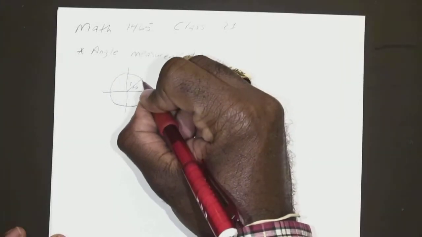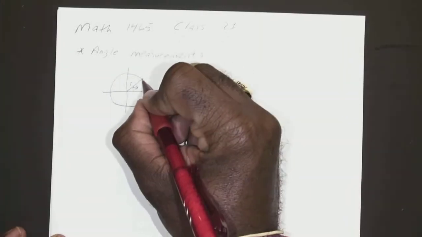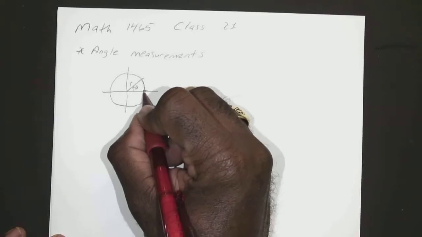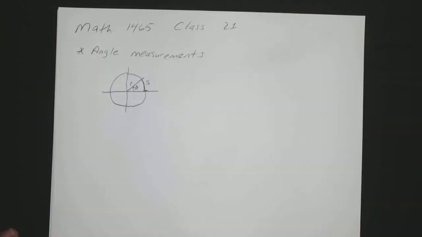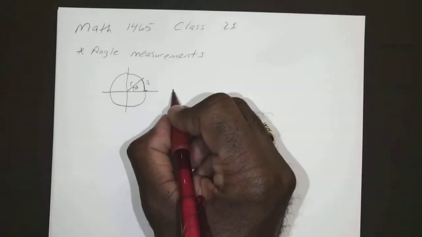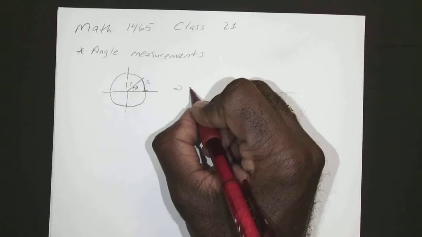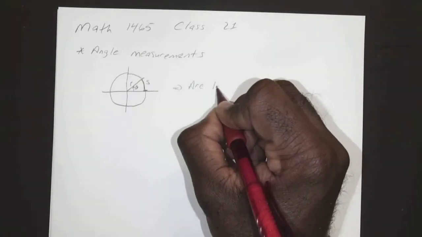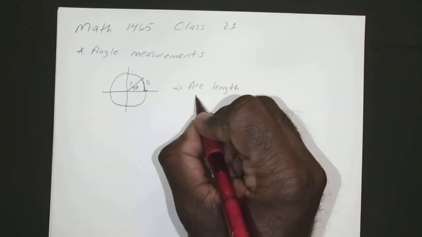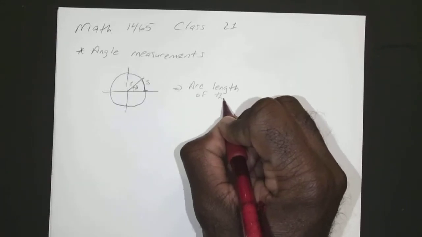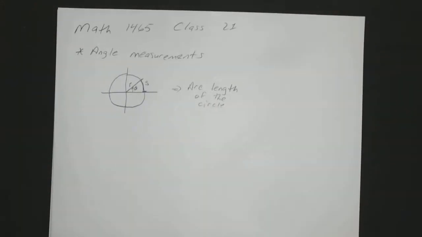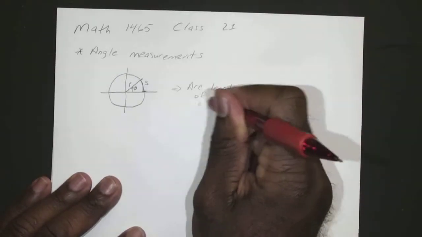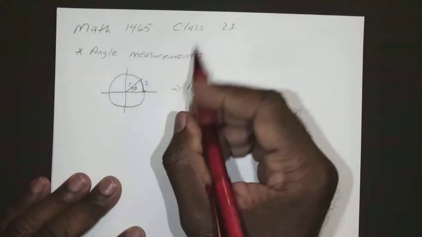If we wanted to find the distance from here to here, that's s. So we can find that distance, or arc length, of the circle. Well, not really the circle, it's more of the section of a circle.